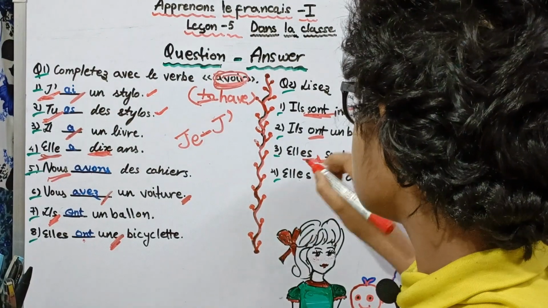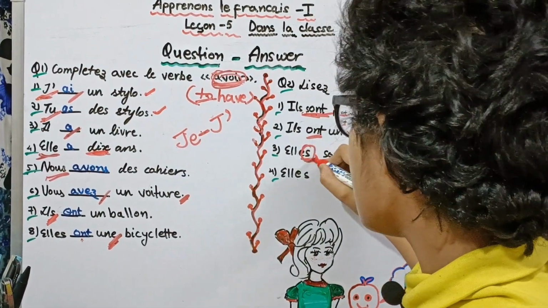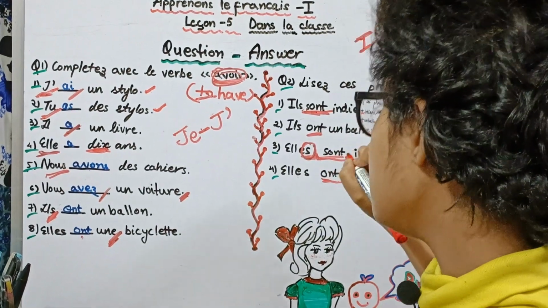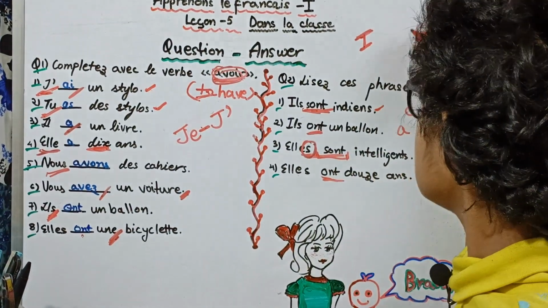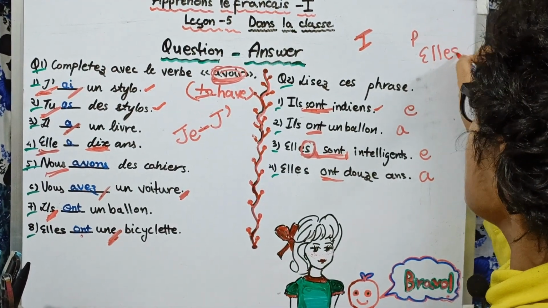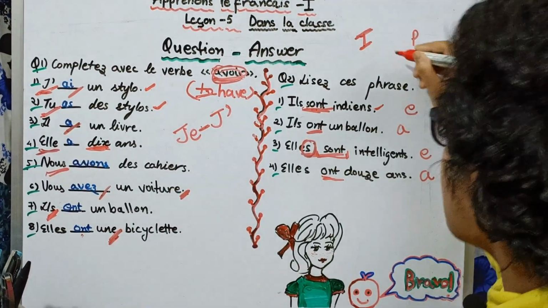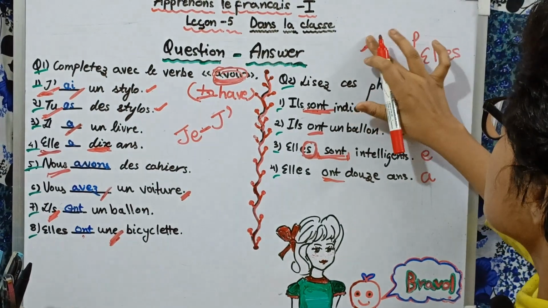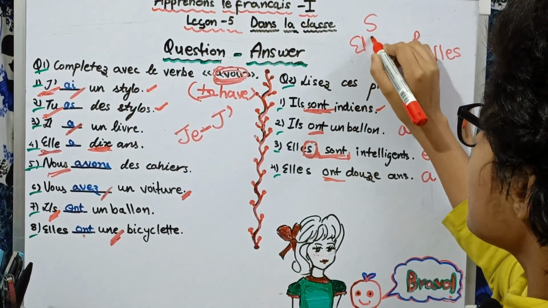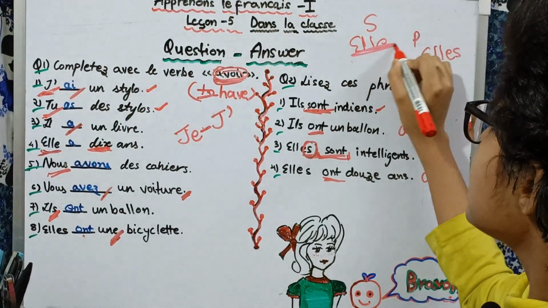And why only sont? Because here we have an s at the ending of the subject pronoun elles, which is in the plural form. So elles is plural, and if we look at the singular form, let me write it, yeah, singular form, it would be elle. So this would be just this.